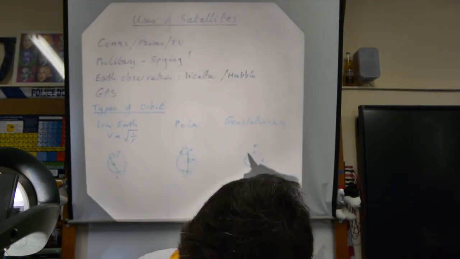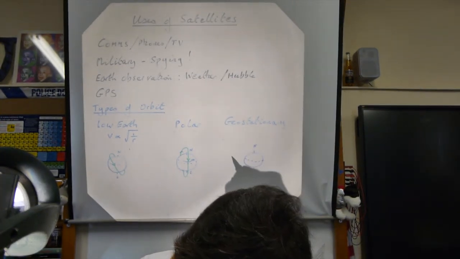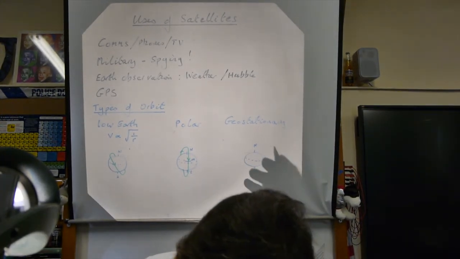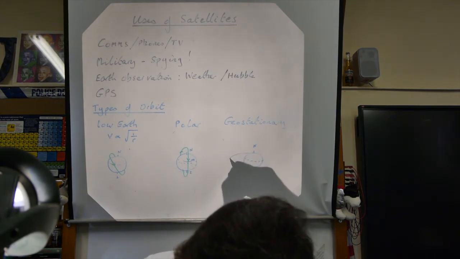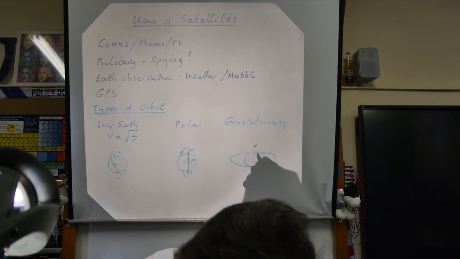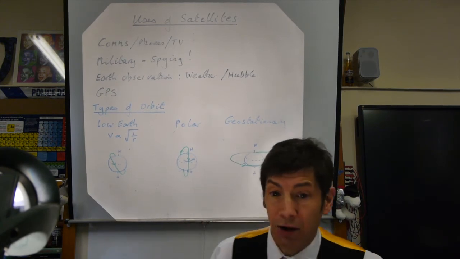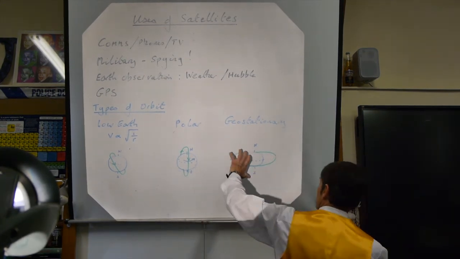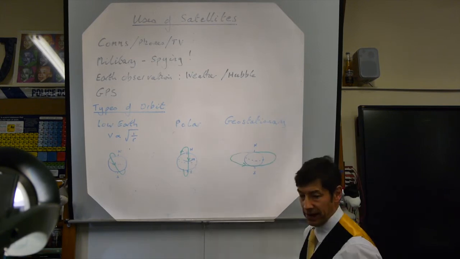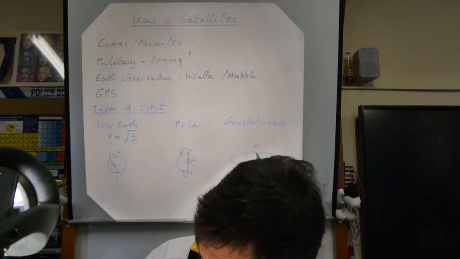So these satellites orbit the Earth around the equator. I don't think I've drawn that very well, but you have to imagine it coming out from this diagram.